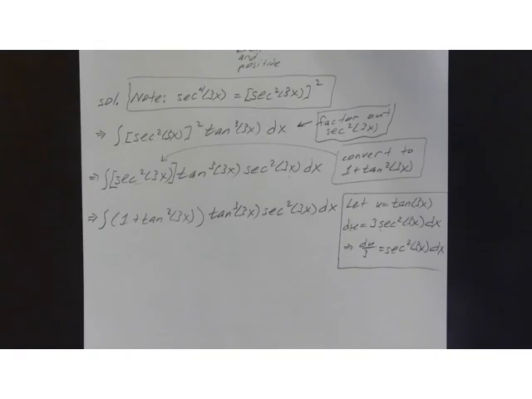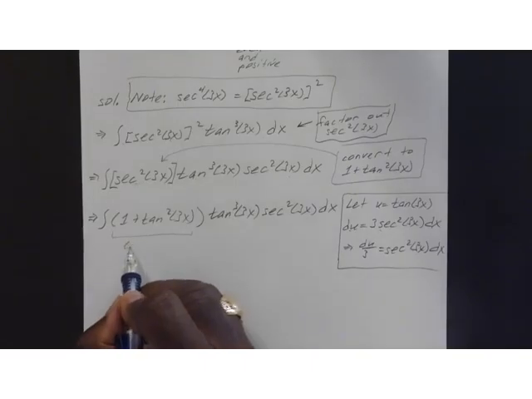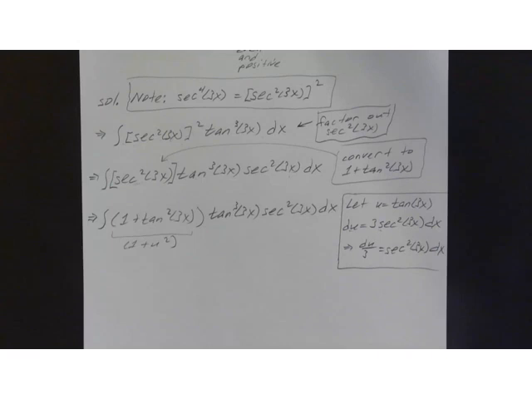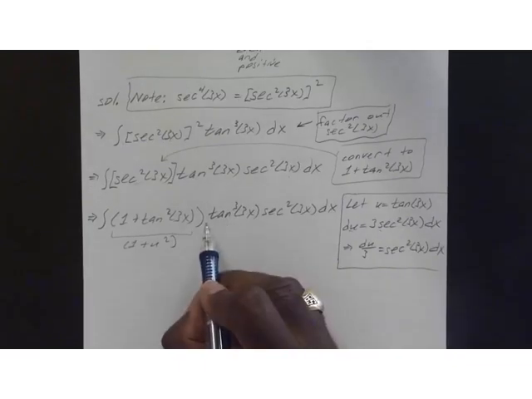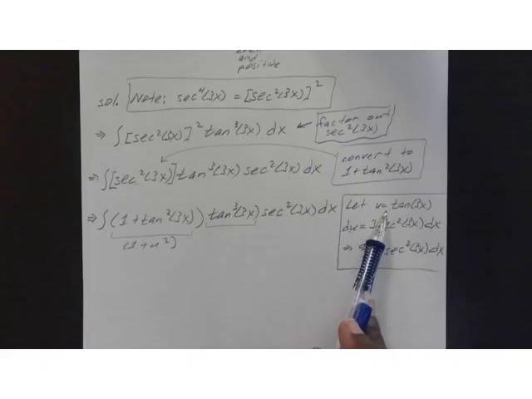So if we did everything correctly, this portion right here is just 1 plus u squared. This tangent to the third power, that's just u to the third power.